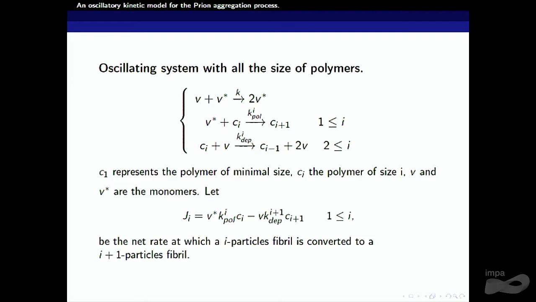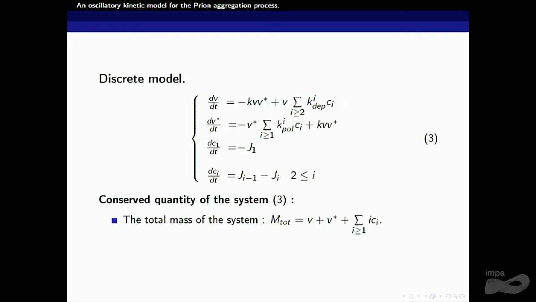And the difference with the Becker-Döring is exactly here, because now we have a catalytic reaction for the depolymerization.